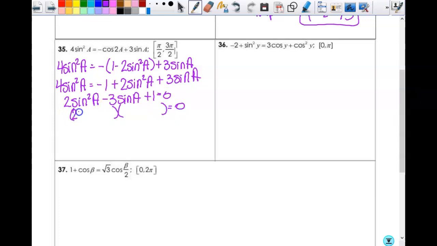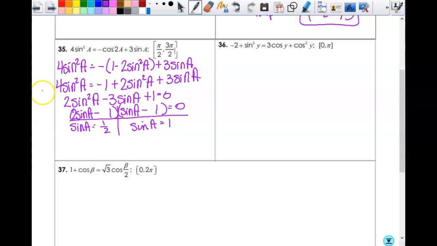Okay, so then I have to factor. So I'm going to get 2 sine a and sine a. Again, this is positive, so these both have to be the same, and since this is negative, they're both negative. The only two numbers that multiply to give me 1 are 1 and 1. So then that tells me that sine a is 1/2 and sine a equals 1.